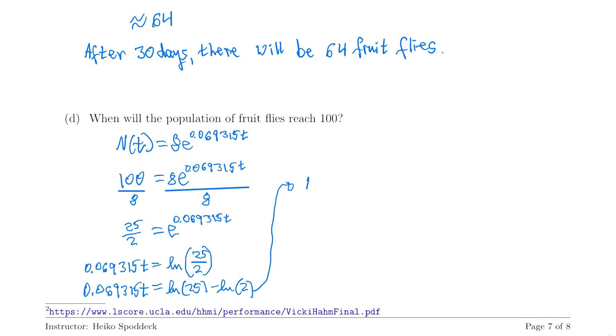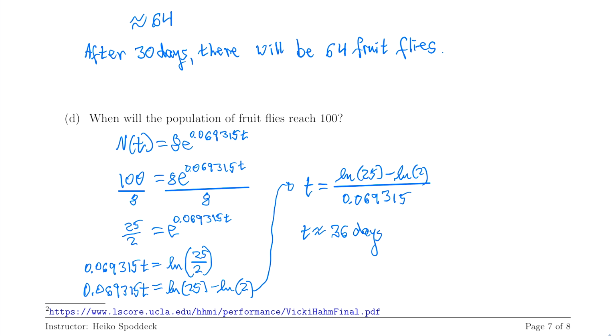We get t equals ln of 25 minus ln of 2, all over 0.069315. Now when we plug that in our calculator, we get approximately 36 days.